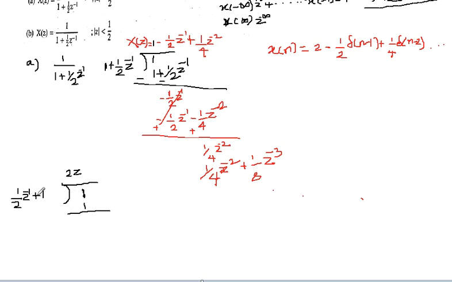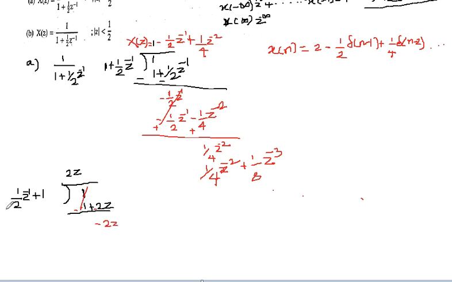When 1 by 2 into z raised to minus 1 gets multiplied with 2z, then we get the first term as 1 and the second term will be plus 2z. So when we change the signs, we can cancel out these terms. So this cancels, we get minus 2z as the result.